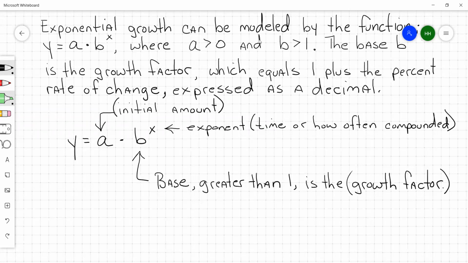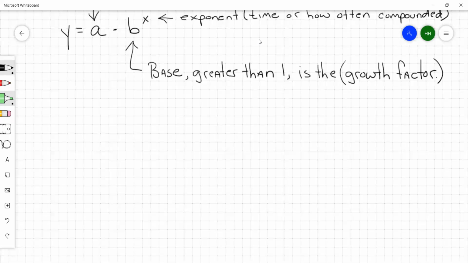What this function does is it allows you to determine how much money you're going to have after a certain amount of time based on these other variables, okay?